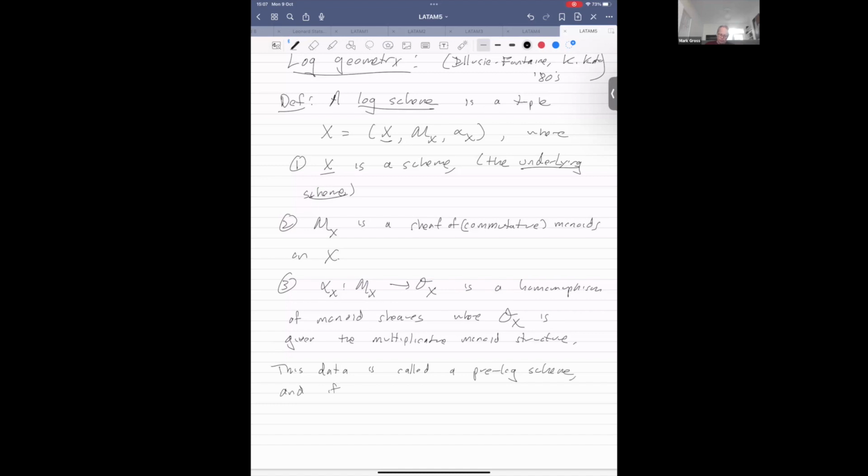And if alpha_X restricted to the inverse image of O_X star gives an isomorphism onto O_X star, we have a log scheme.